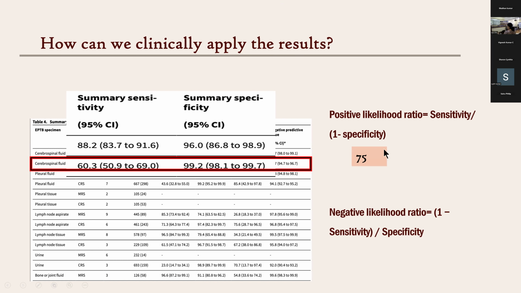Now, can we calculate the negative likelihood ratio? So 40, or 0.4. Okay.